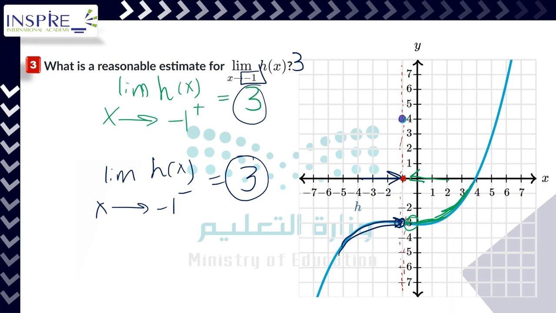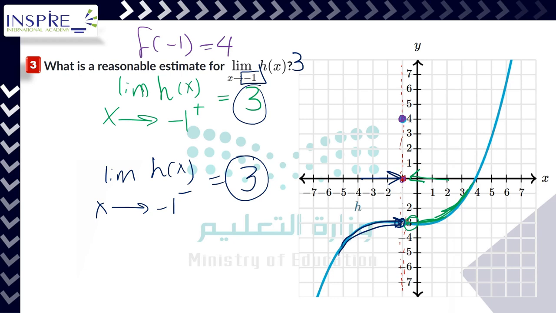What about this one? As a matter of fact, this one is the value of the function at x equal -1. So if we asked you what is f of -1, it won't be 3, that's the limit, but the actual value of the function will be 4. This function is discontinuous.